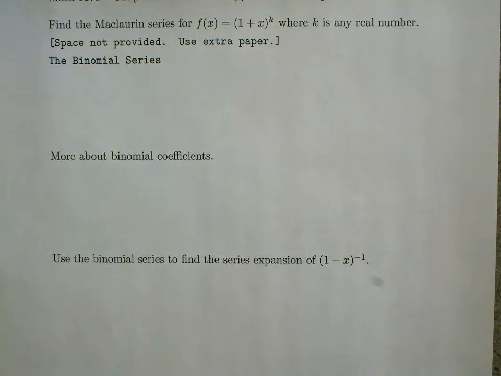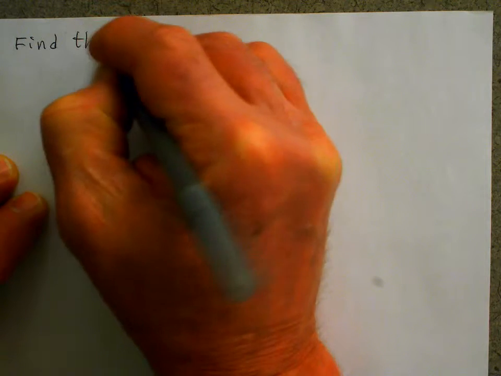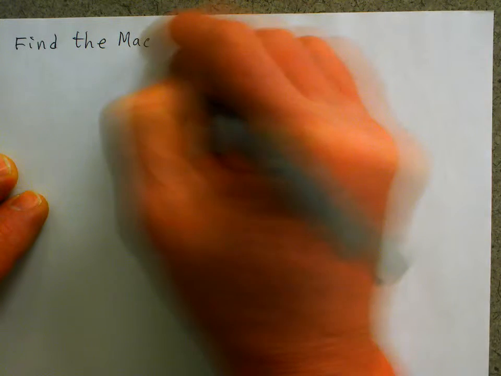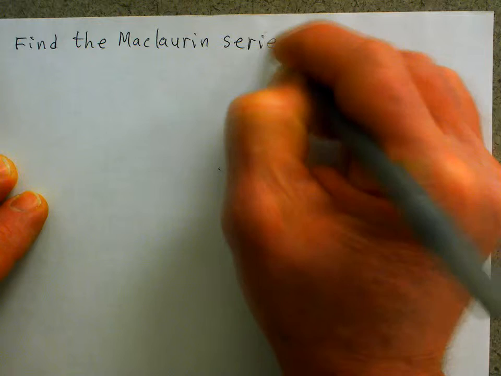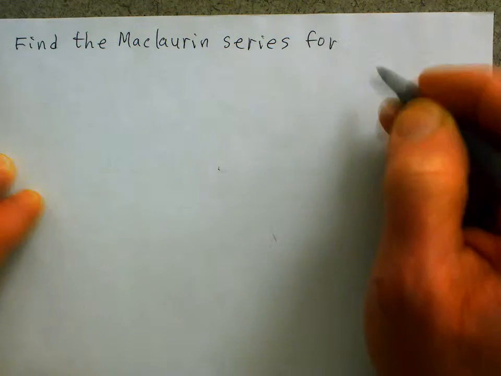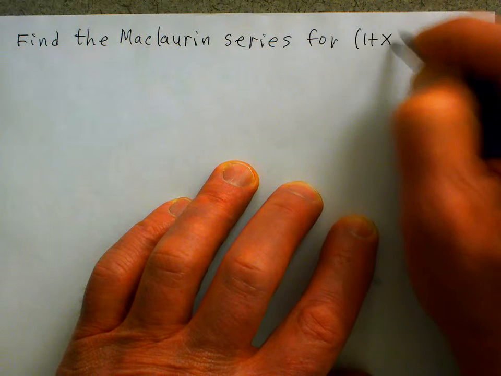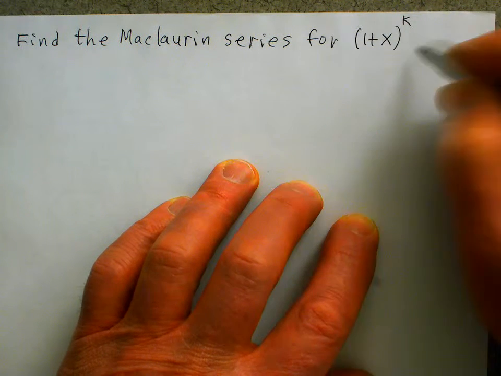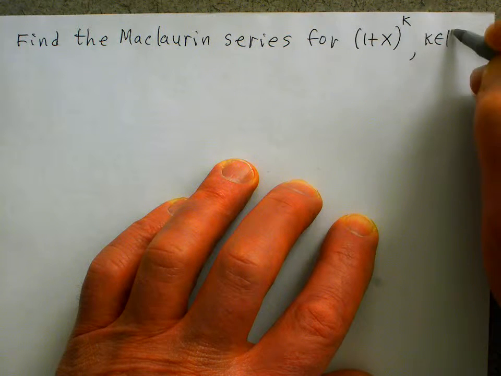So on a separate piece of paper, we'll look at finding the Maclaurin series for the binomial 1 plus x raised to the k, where k is any real number.